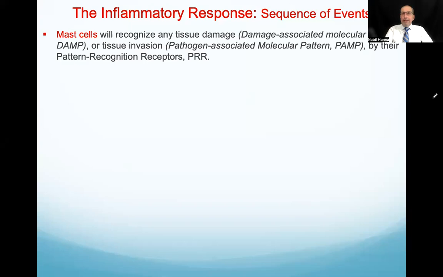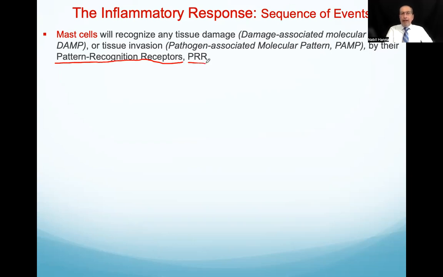The mast cells, as I mentioned earlier, are the first cells to respond, and they will recognize any tissue damage, because any tissue damage has a unique molecular pattern that is different from the molecular pattern of normal tissue. So mast cells have receptors known as pattern recognition receptors. These receptors know what is the normal pattern.